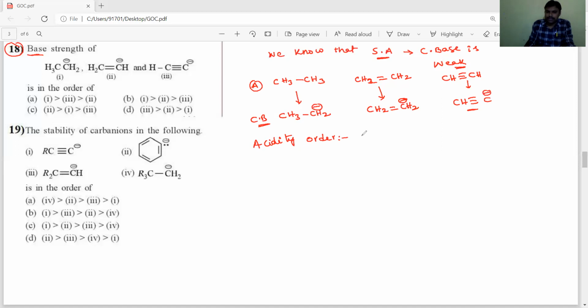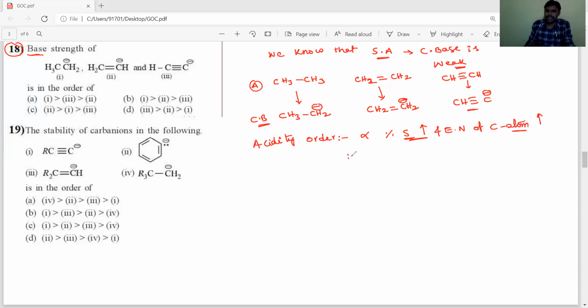Acidic strength is directly proportional to the percentage of S character. If the percentage of S character increases, acidic nature increases in hydrocarbons, because the electronegativity of the carbon atom increases. That's why acidic nature increases.